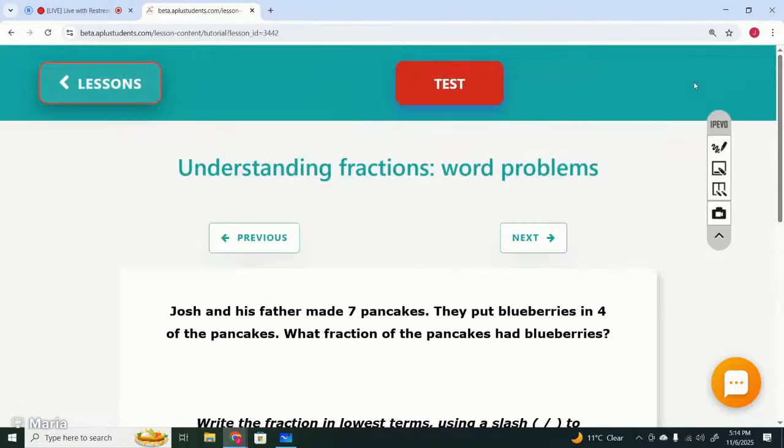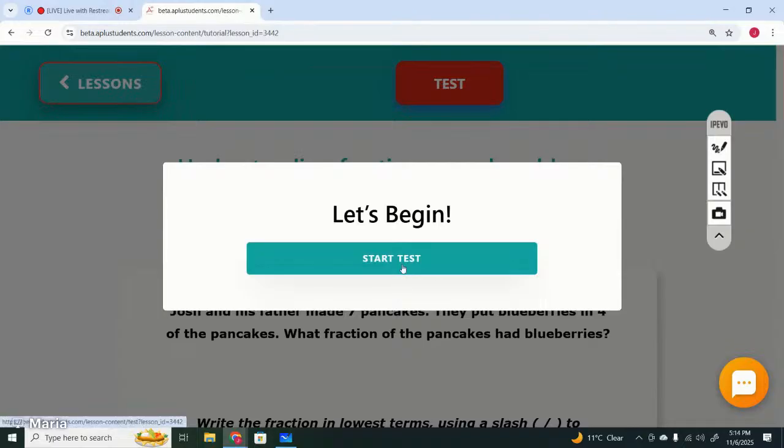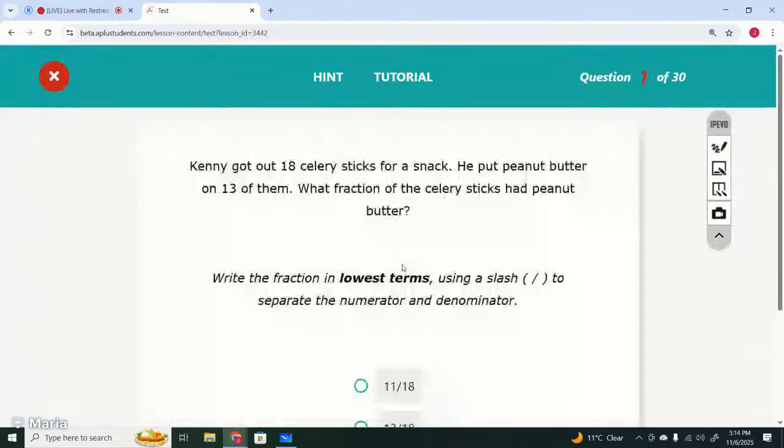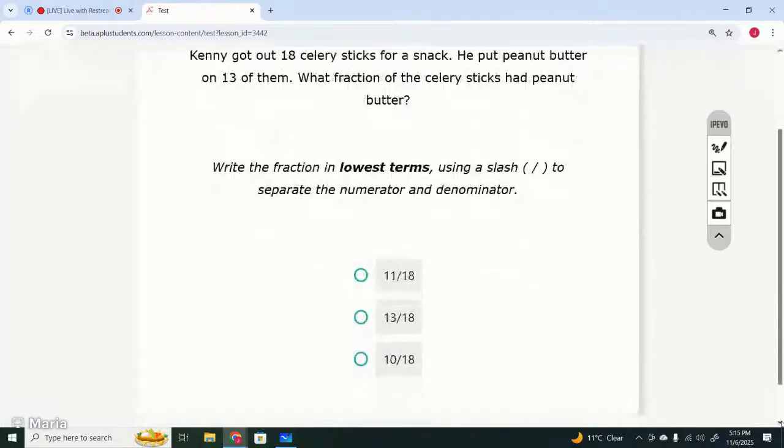Let's just start with the test questions. Kenny got out 18 celery sticks for a snack. He put peanut butter on 13 of them. What fraction of the celery sticks had peanut butter?